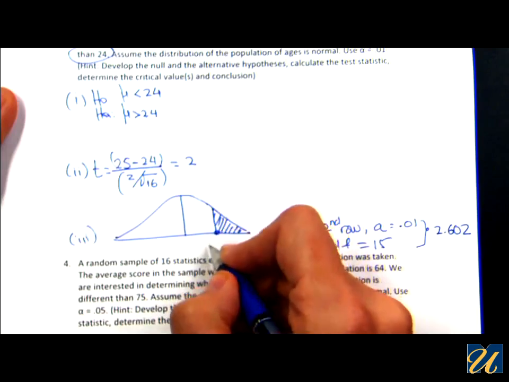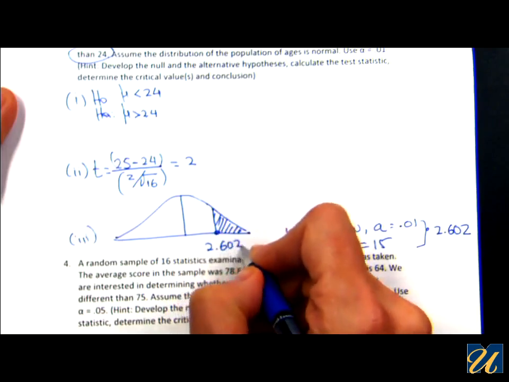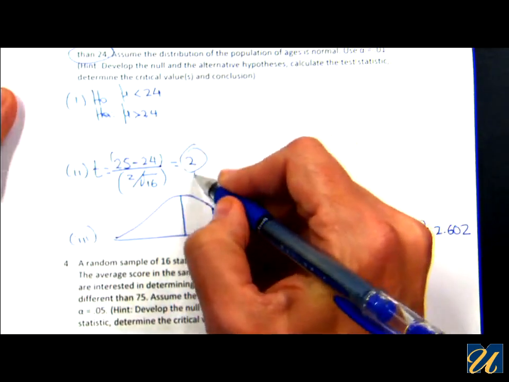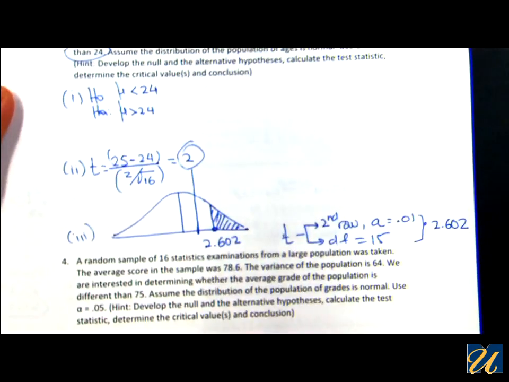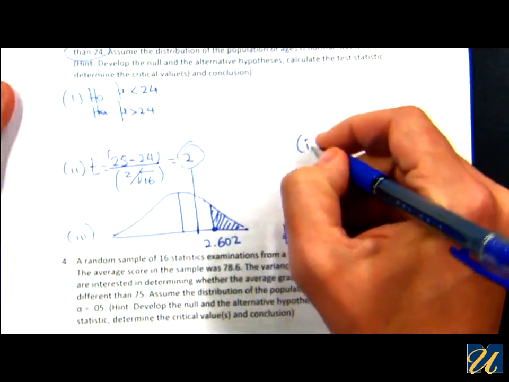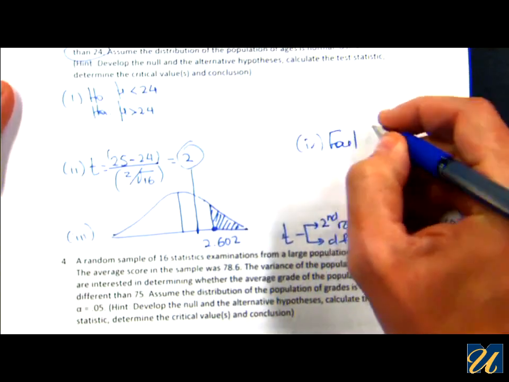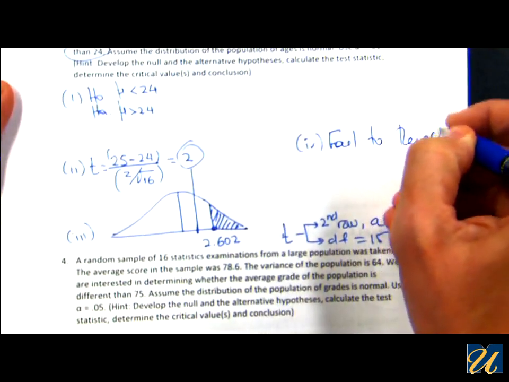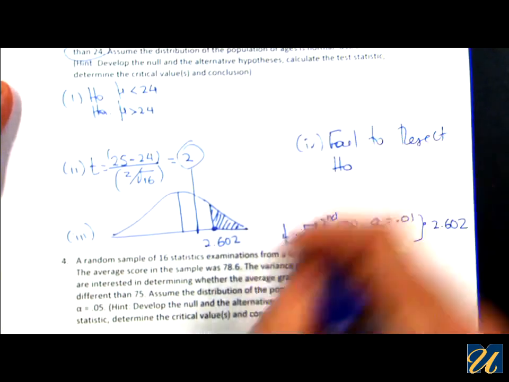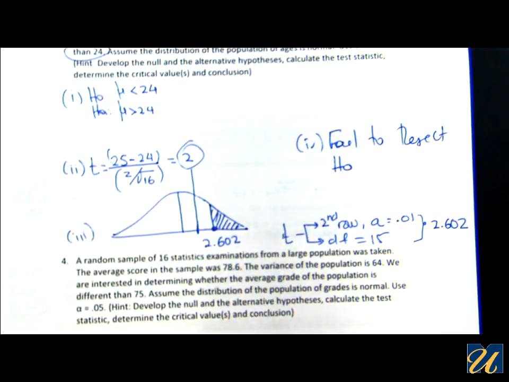So this value is 2.602. The test statistic falls outside the rejection area, so your conclusion will be that we fail to reject H0. Fail to reject H0, not enough evidence to support that mu is greater than 24.